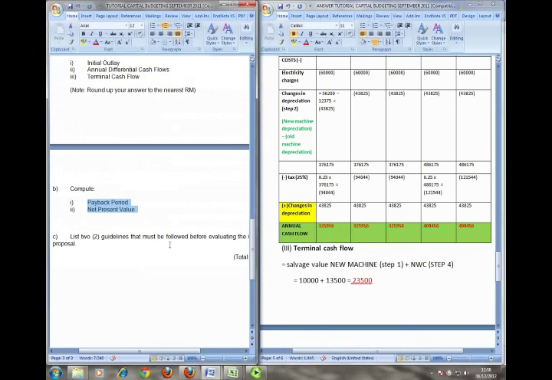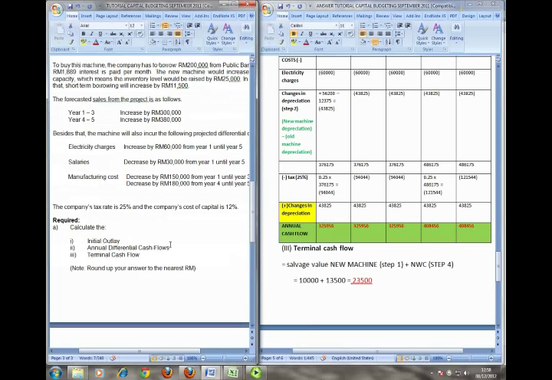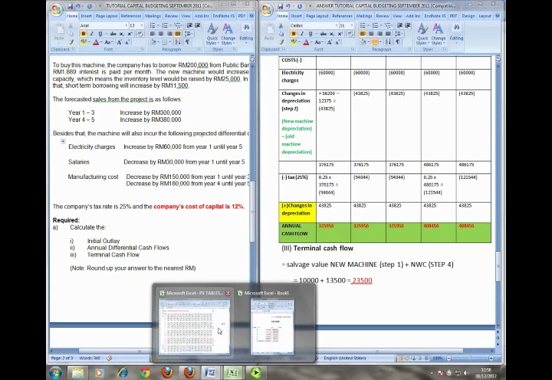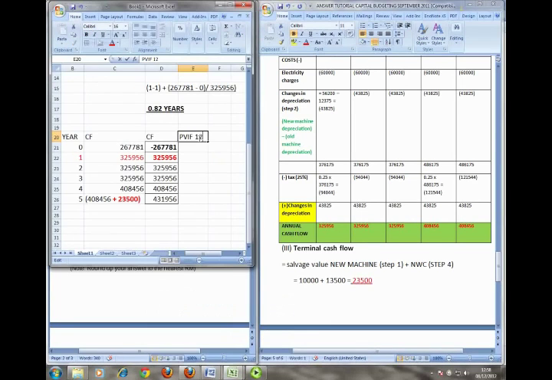Based on the question, class, as you can see, the company cost of capital is 12%. Correct? So you need to use your PVIF table at 12%. So where can we get the figures for PVIF 12%, class?